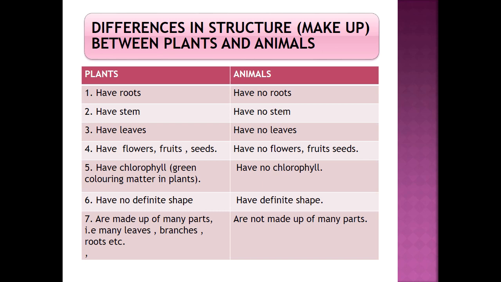We say plants can be herbs, they can also be flowers, and can also be trees. And we look at the example of herbs, example of flowers, and example of trees. And we also move on to look at example of animals. We say animals can be pets, can be farm animals, or can be wild animals, giving each example. And at the end of the class, we look at differences in structure, makeup between plants and animals.